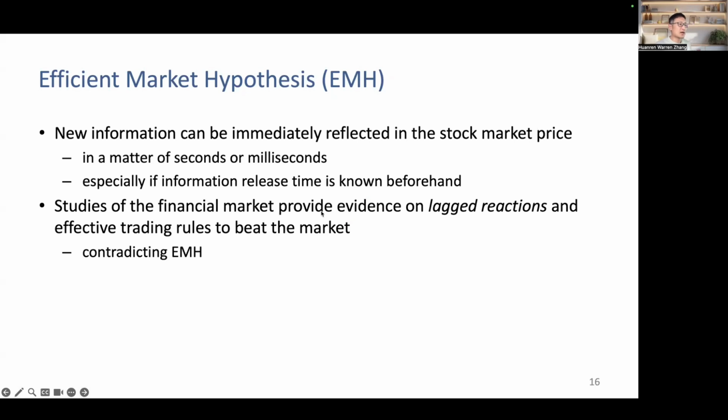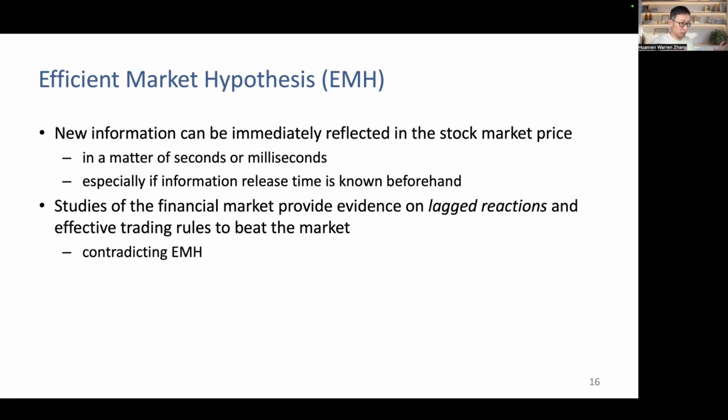Studies of financial markets provide evidence, however, on lagged reaction and effective trading rules to beat the market. So that means even though we have evidence that information can be incorporated into the stock market price immediately, we do observe some lagged reaction, right?